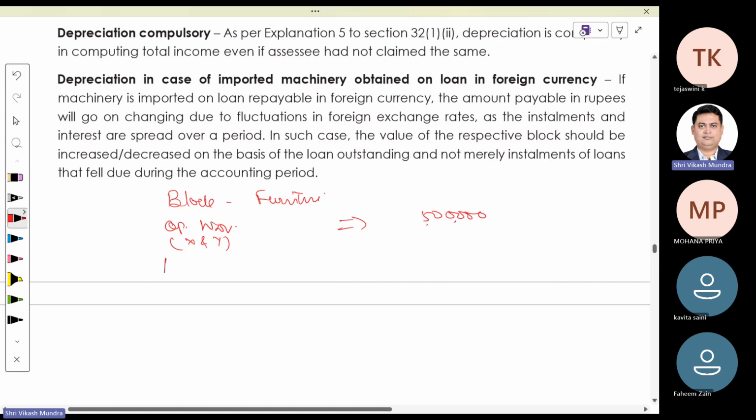During the year, furniture Z was acquired on say 1st July 2023 for rupees 1 lakh. Please calculate depreciation in this case.